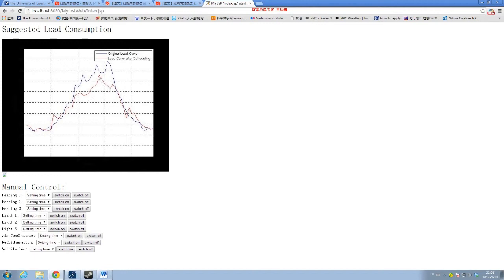So you can see the peak load is reduced, and it is moved to off-peak time to be executed, without lowering much of your comfort level. And also some redundant load will be reduced based on the parameters in our algorithm.